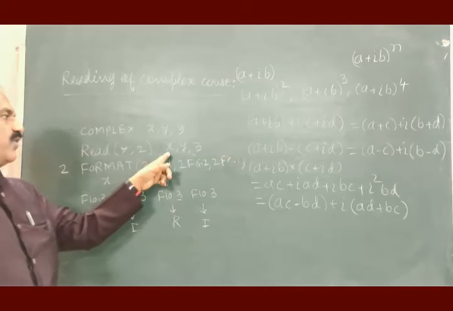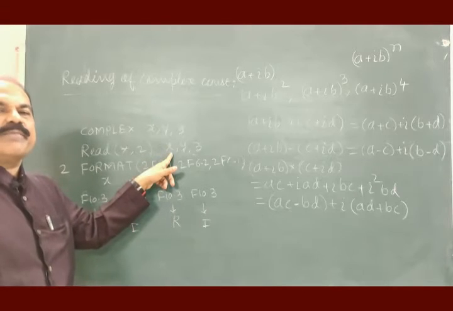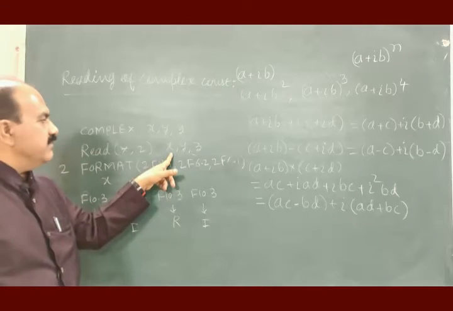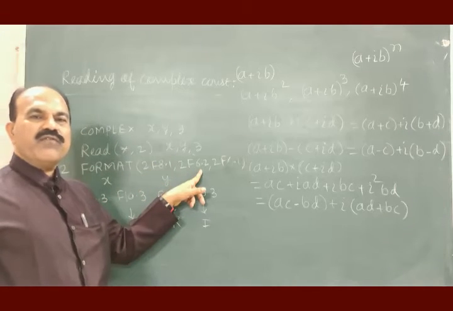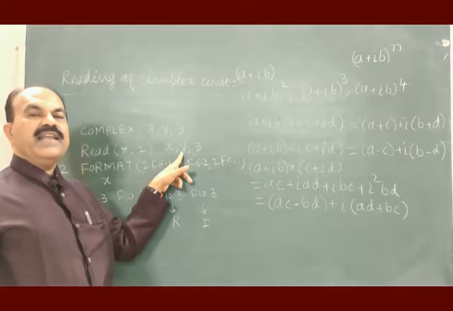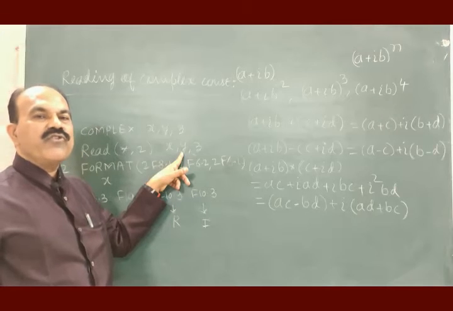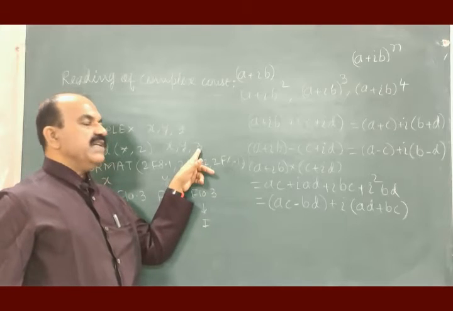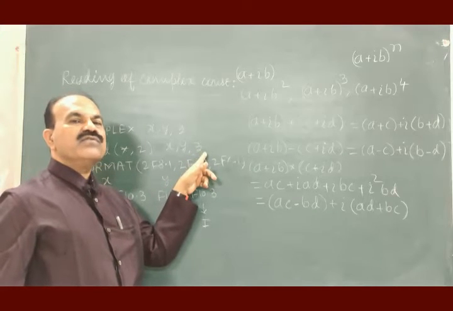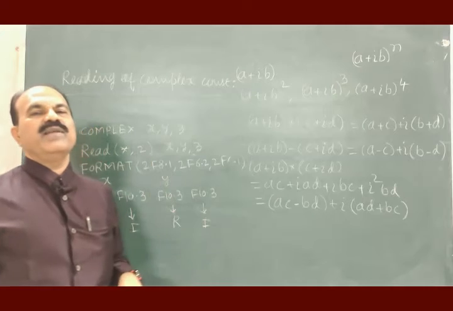This is the format for the real and imaginary parts of the complex variable x. This is the format for the real and imaginary parts of complex variable y. This is the format for the real and imaginary parts of the complex variable z.